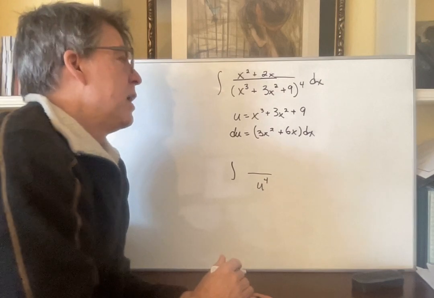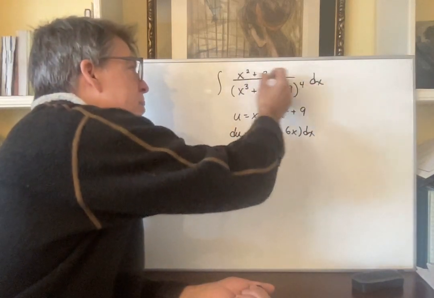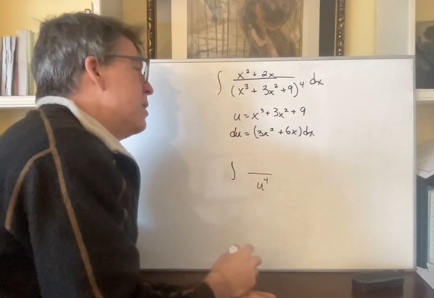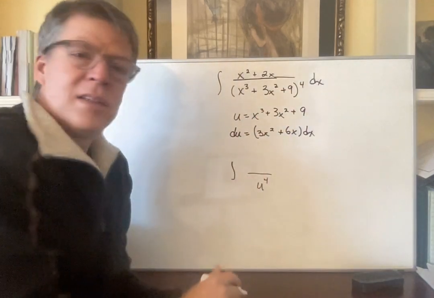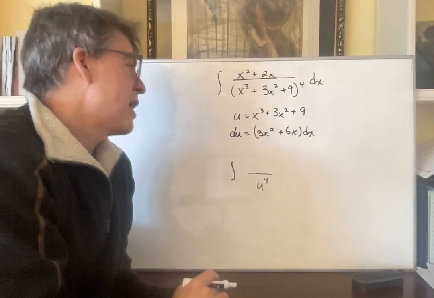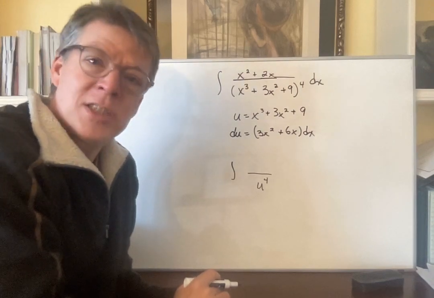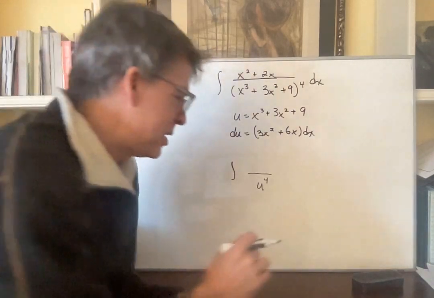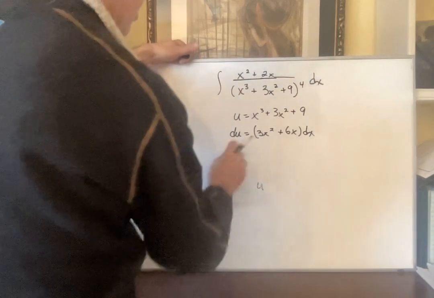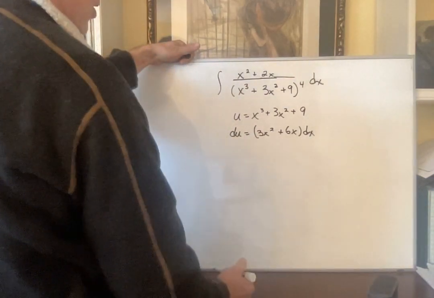right? And then we have this thing here that we still have not represented down in this integral, but we're out of luck because we don't have anything that matches that exactly. But can you make it match exactly? Totally. Watch this. This du here, I'm just going to multiply both sides by 1/3.